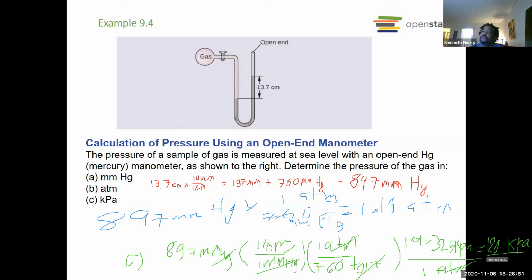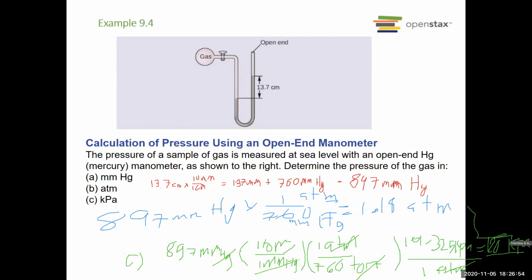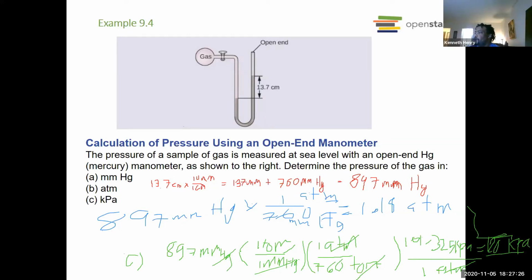Does that say 120? Yeah, it's 120 kilopascals, with a decimal point after the zero.